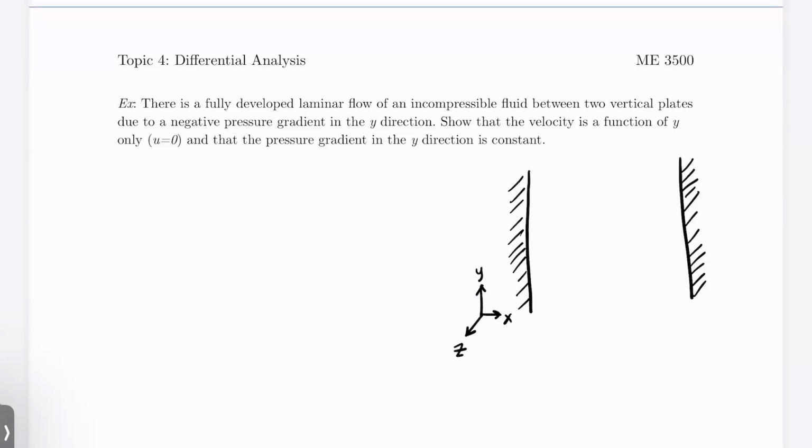All right, so we have this flow that's happening due to a negative pressure gradient in the y direction. We want to show that velocity is a function of y only. So we're saying that u, the u component of velocity, is equal to 0, and we will also want to show that the pressure gradient in the x direction is a constant.